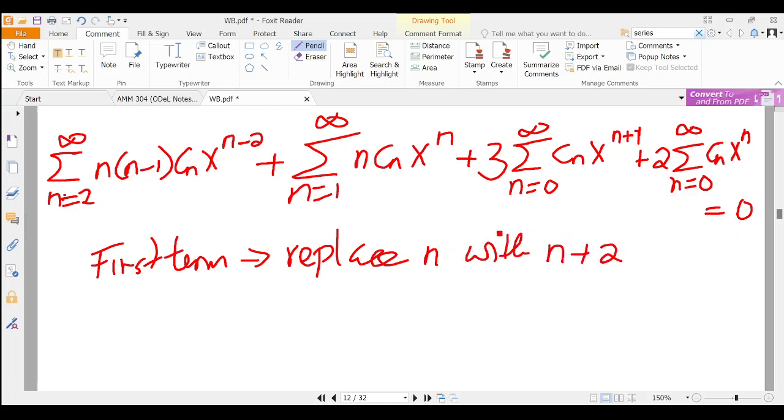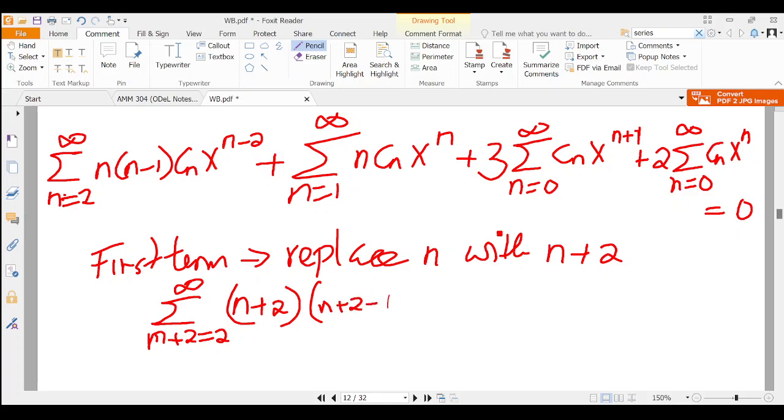So that in this case, where we have the sum from n, when we replace n with n plus 2, here, where we have n, we put n plus 2. Then we get n plus 2, n plus 2 minus 1, c n plus 2, x raised to power n plus 2 minus 2.